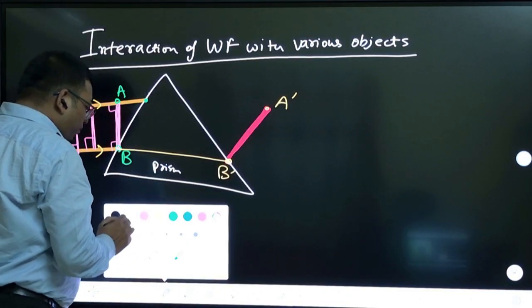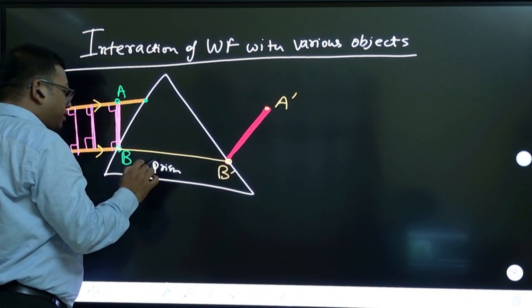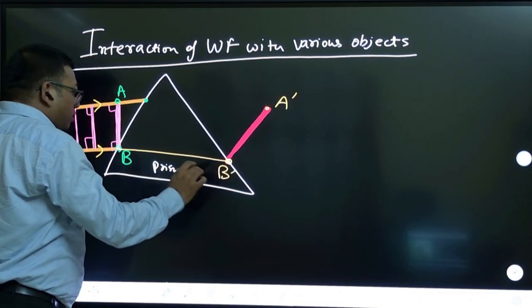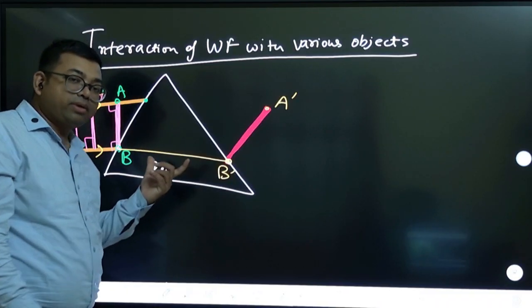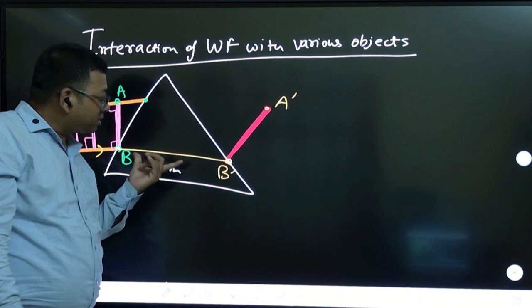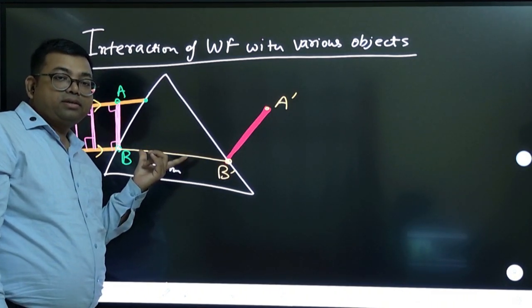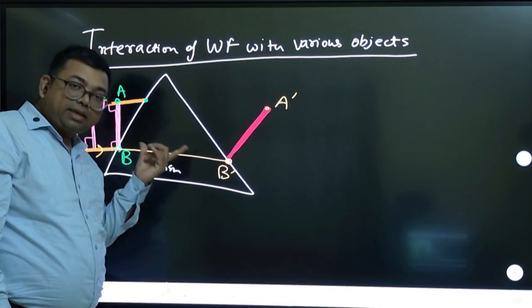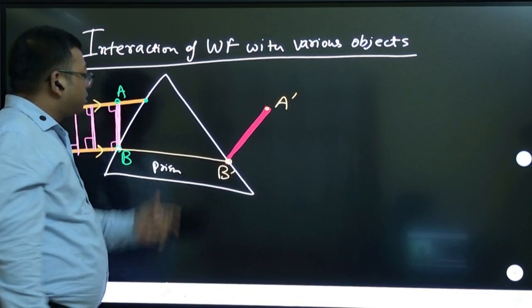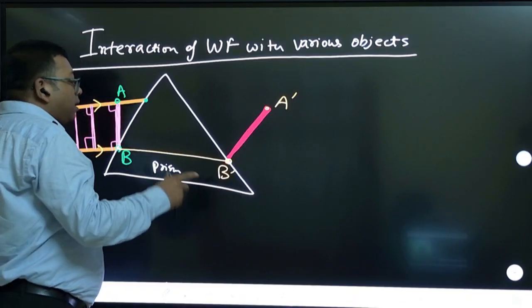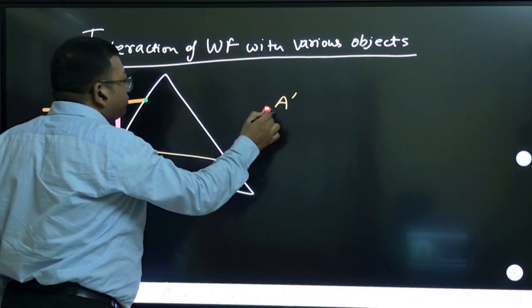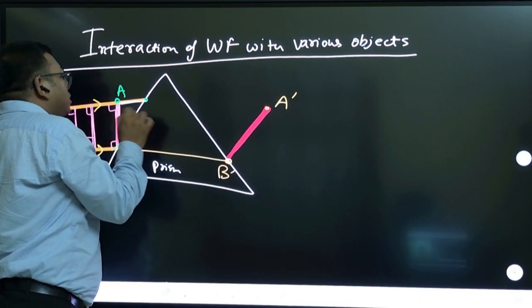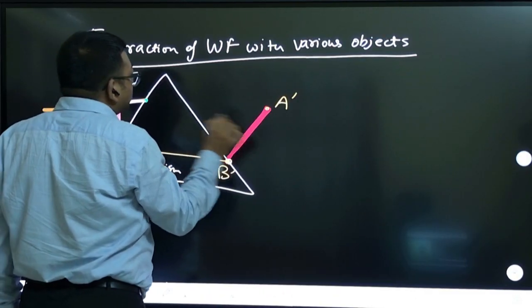Because this wave which is traveling inside this medium is going slower, right? You agree why it is going slower? Because it is a denser medium. Prism is a denser medium, so it is going slower. It will take some time, and in the same time this disturbance A will come here faster because it is running in air.